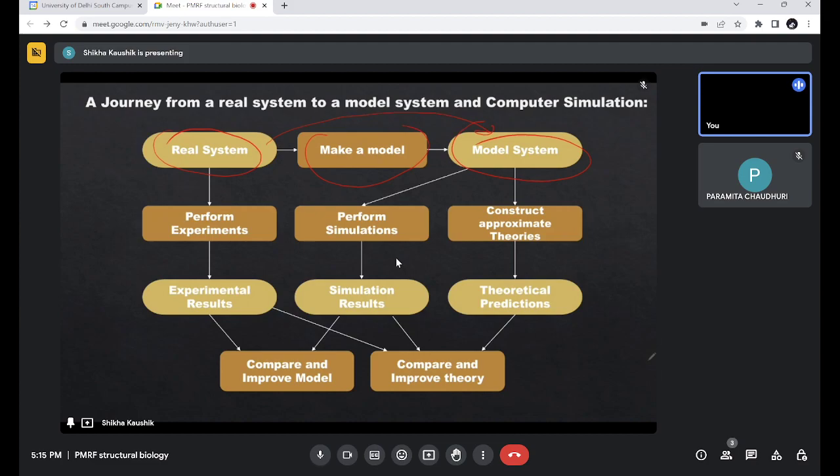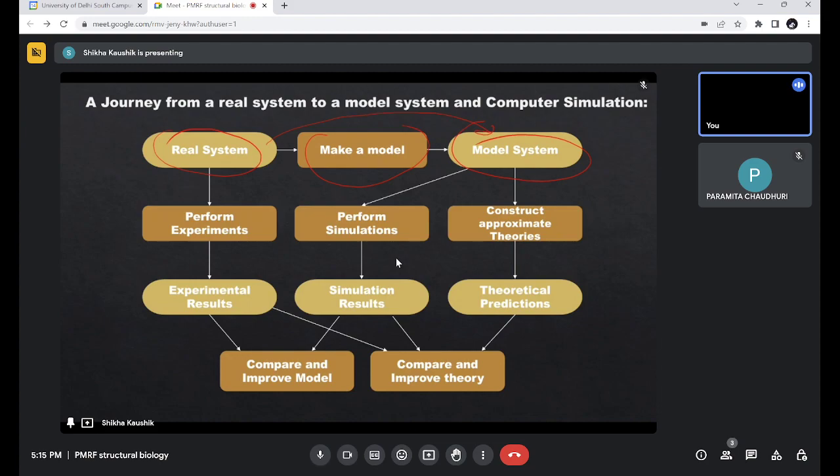For example, in a laboratory, we perform certain experiments, right? And we try to mimic a real system in the form of an experiment, maybe in cells. But when we are working on cells, that is also not a real system.